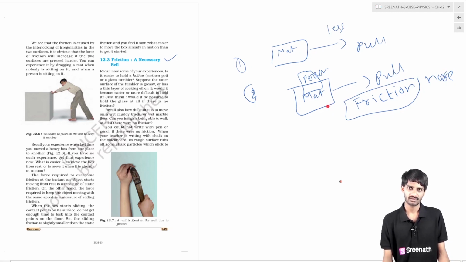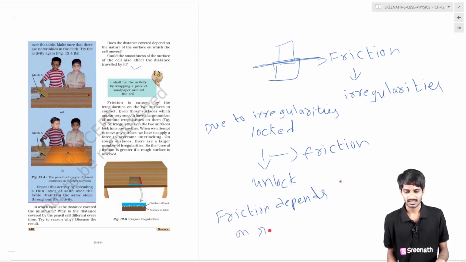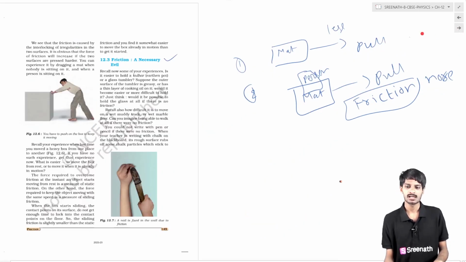Why has the friction increased? In these situations we understand that friction depends on roughness or irregularities. That is one thing we have understood. And again, when a person is sitting on a mat, you have to pull, compared to pulling without a person.